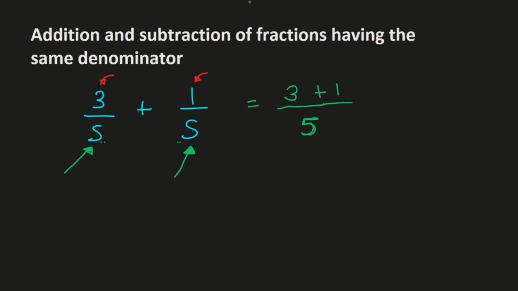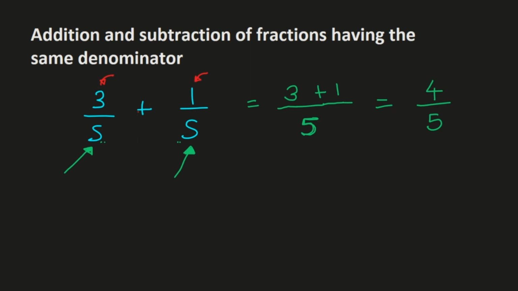Got the point? So what's the answer? 3 plus 1 is 4. Then you should write the denominator as 5 like this. So in here, if the denominators are the same, then you can simply add the numerators together.